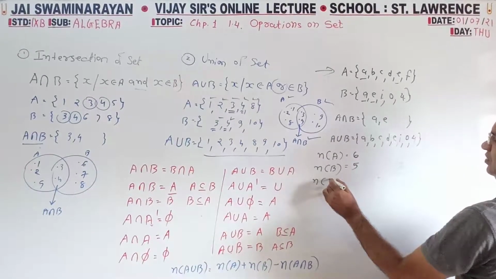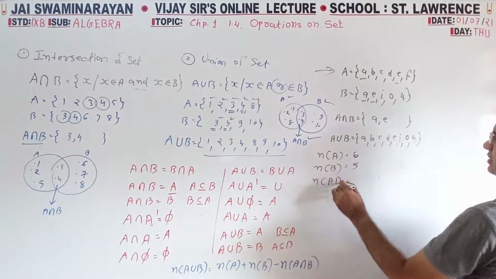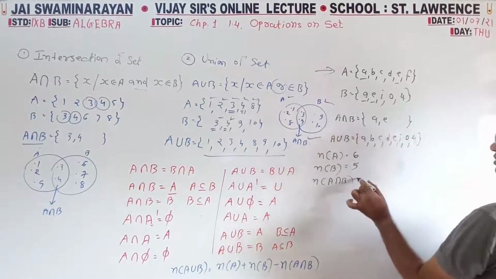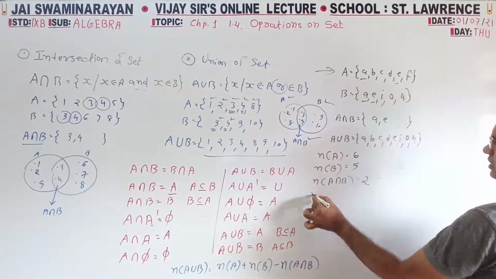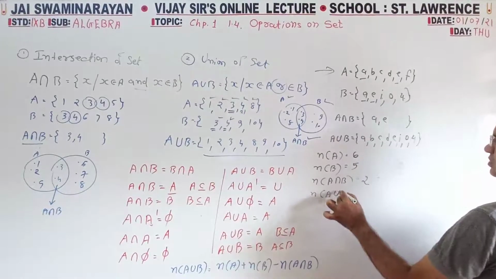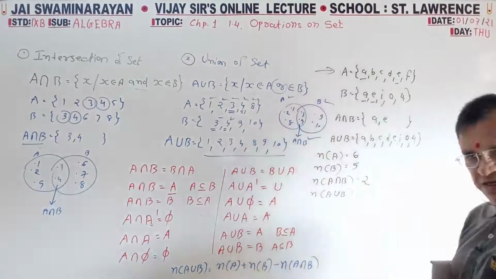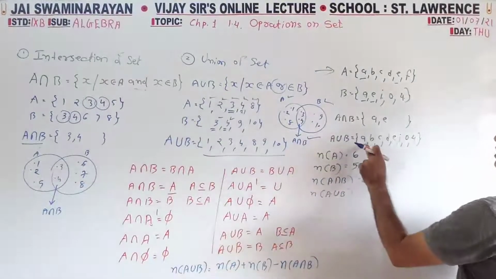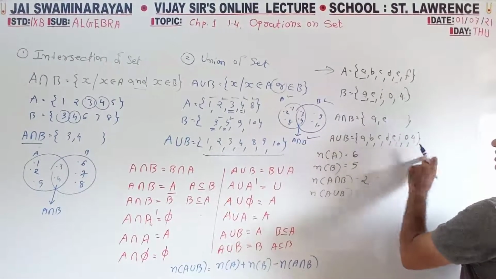Number of A intersection B, Ulta U means intersection, that is only 2. And number of union, a big combined group, that is 1, 2, 3, 4, 5, 6, 7, 8.